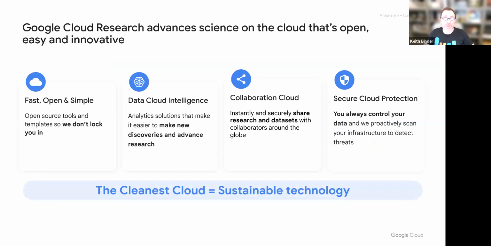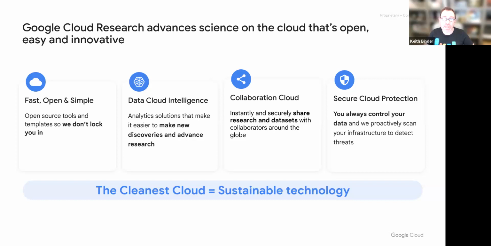And so in summary, we want you all to utilize cloud to advance science, and not only advance science, but make that science open, easy, and innovative. So with cloud, with Google Cloud, we provide the open source tools and templates. You're not locked in. You can choose to run your research on Google Cloud.